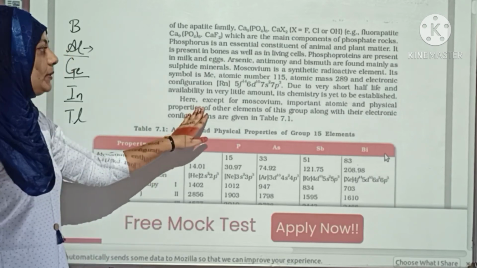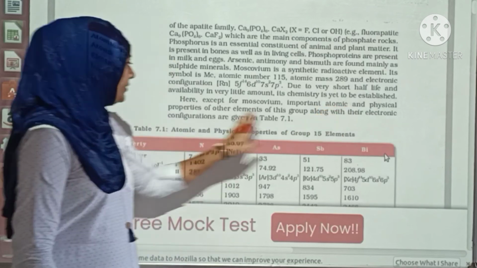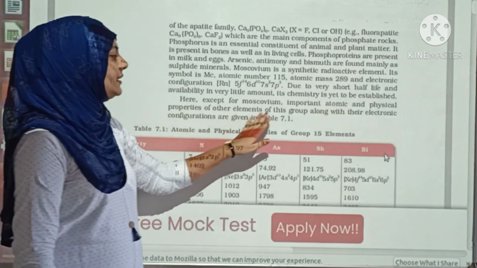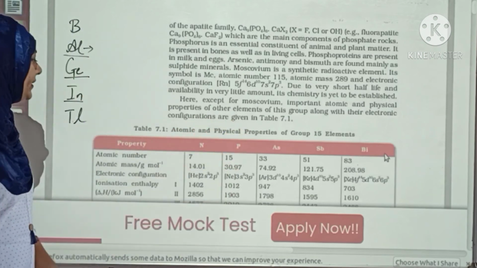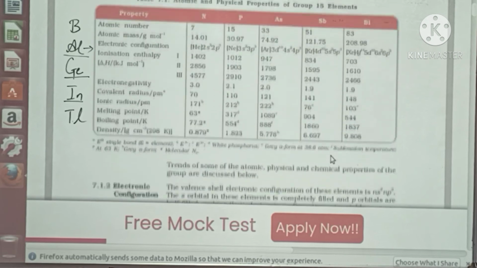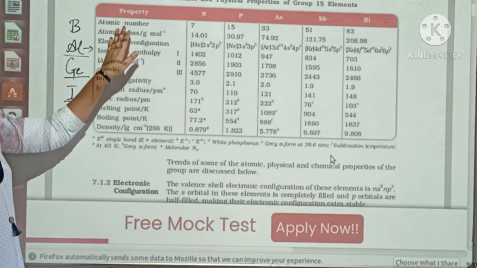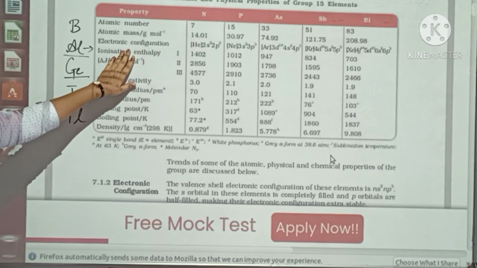Except moscovium, important atomic and physical properties of other elements of this group along with their electronic configuration are given below. So dear student, one table is given over here. You can see the table. What is given? Atomic mass, atomic number, electronic configuration.